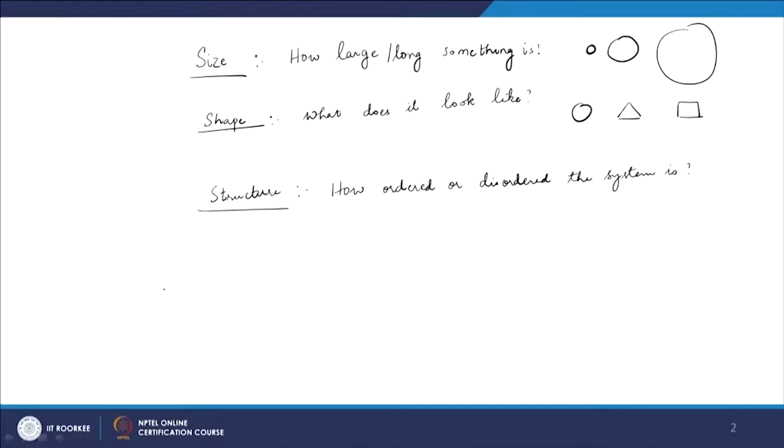Let us first talk about shape, okay, and why it hasn't come into discussion so far and how we can include that. So far we have not differentiated between the different directions. They are assumed to be identical.